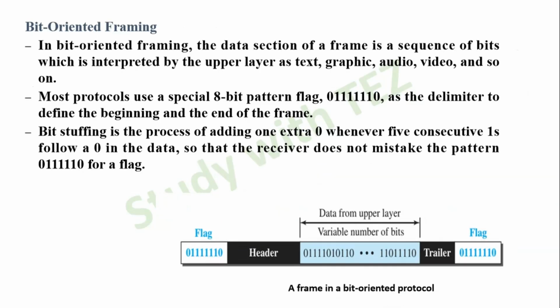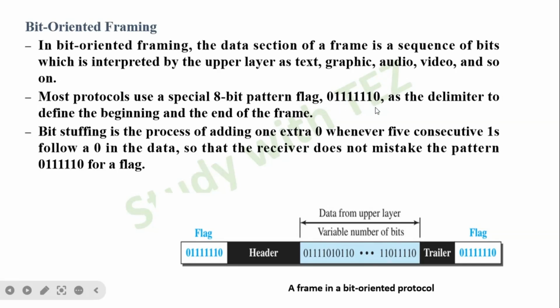One more approach is bit stuffing. If it is bit oriented framing, then the data section of the frame contains a sequence of bits which is interpreted by the upper layer as text, graphic, audio, video, and so on. Most protocols use a special bit pattern flag: a zero followed by six ones and again a zero.